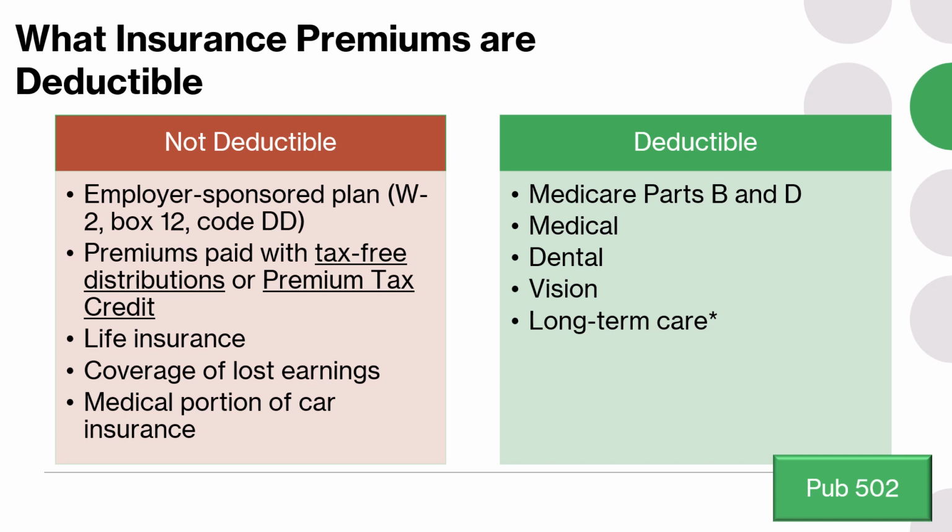And I always enter those regardless of whether the taxpayer is itemizing or not. It's just a good habit to be in. It could be premiums for medical insurance, dental insurance, vision insurance, and it could also be for long-term care insurance, but I put a little star by that. If you have a situation where somebody is wanting to deduct some long-term care insurance premiums, you really need to head on over to Publication 502 and look at the limitations for that.